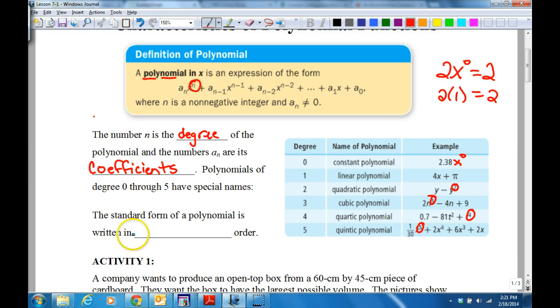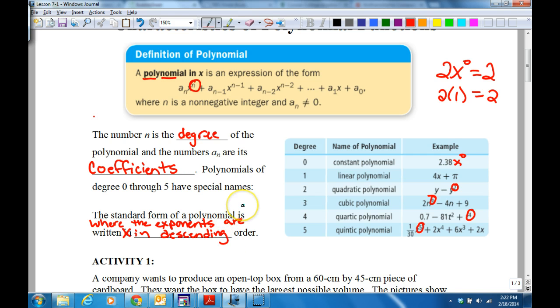Okay, I'm going to take out the n where the exponents are written, in descending order, I guess you could say.